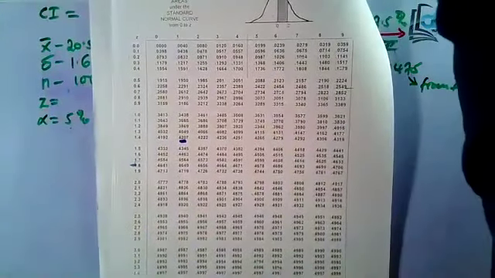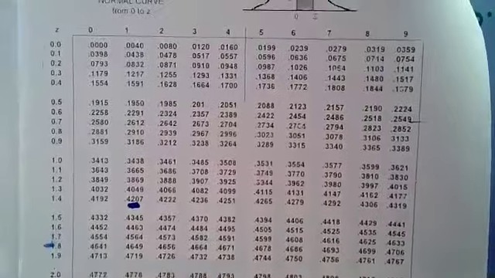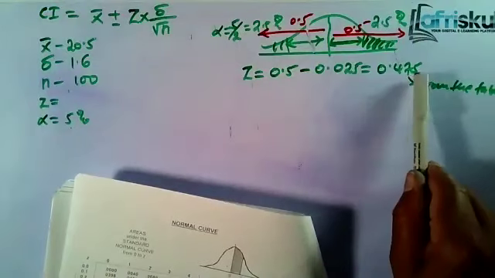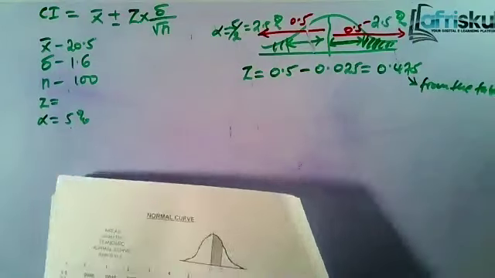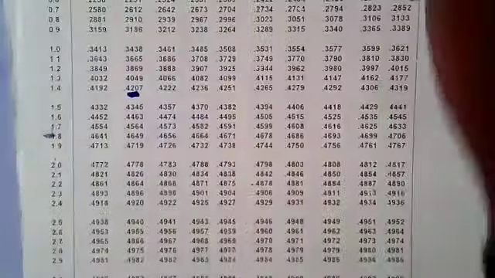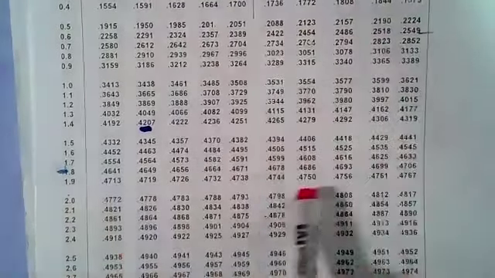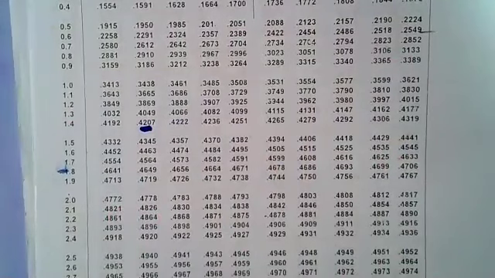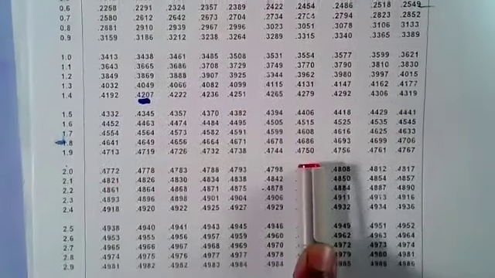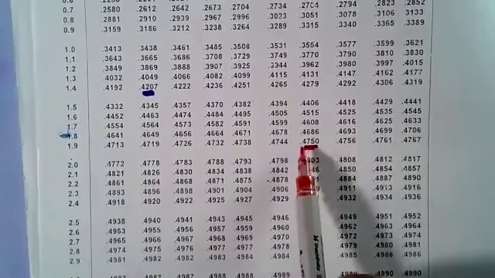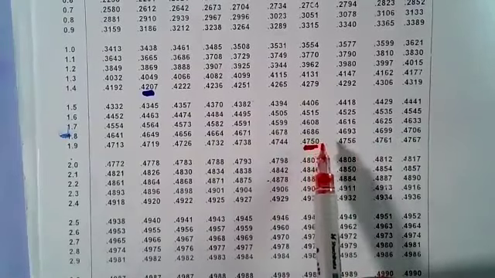Yeah, so we have that table. Now what we are doing, we are looking for 0.475 inside the table. We are looking for 0.475. We have it here. Have you seen it here? 0.475. Now you read the coordinates.